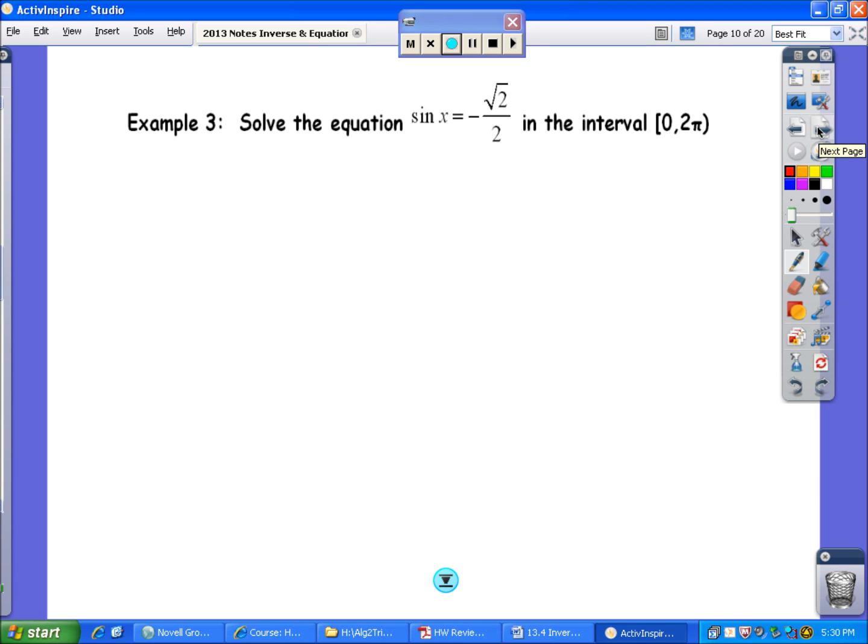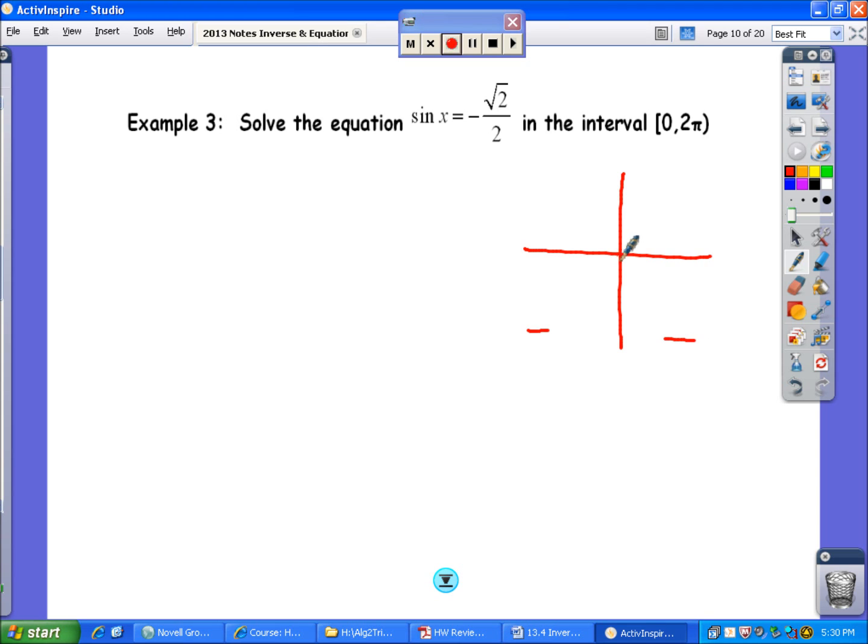Alright, solve the following. We want to know what angle has a sine of negative square root of 2 over 2. Notice that we're on the entire circle here. Where is sine negative? Sine is negative in the third quadrant and the fourth quadrant. What family member is this? 45.